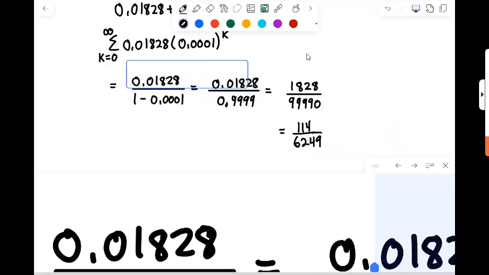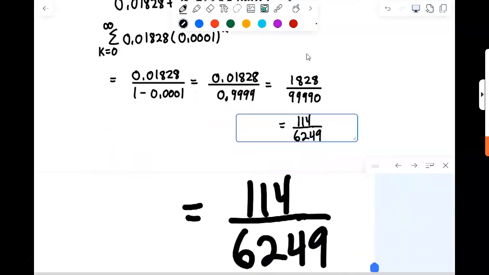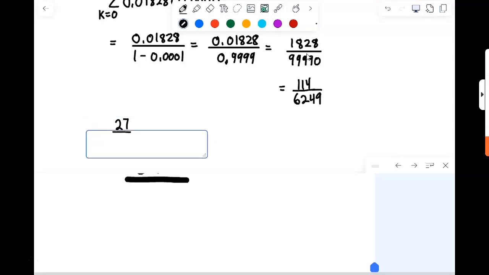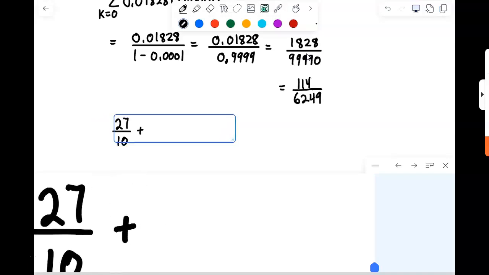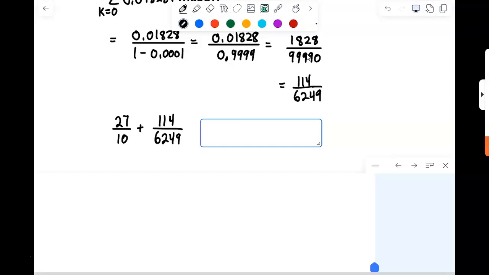Okay, and then to finish the problem off, we wanted to write the 2.7. So I take that and add on to it 2.7. Well, what's 2.7? 2.7 is 27 tenths. So that's 2.7 plus that number, 114 over 6249. And then we simplify.